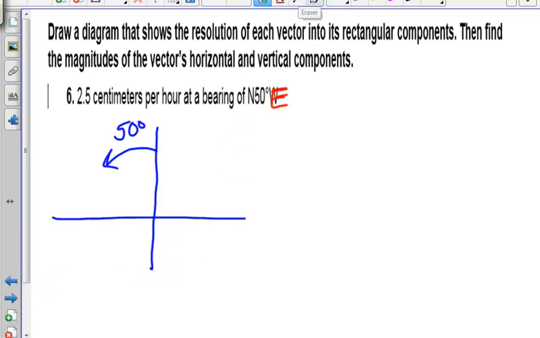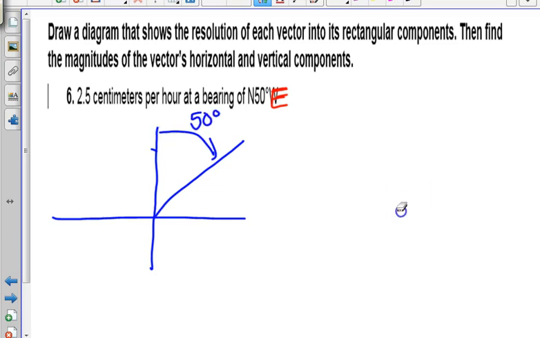All right, so let me erase this. Thank you for stopping me before I got too far. So it says off of north 50 degrees towards the east. So what do we want to use for our theta? Yeah, we want to use 40 degrees.